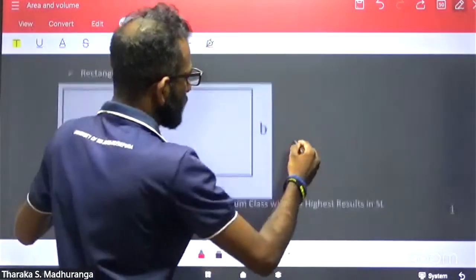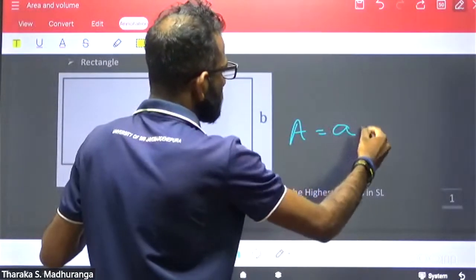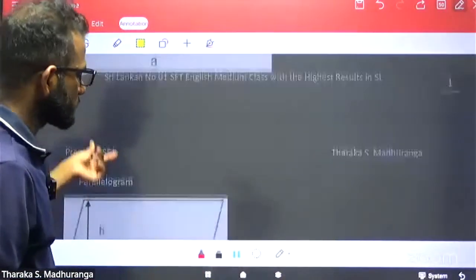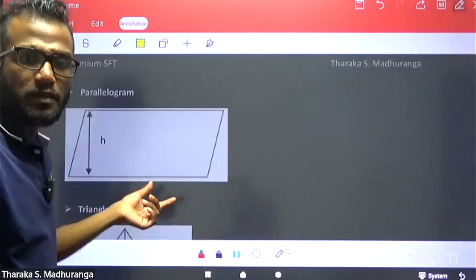Rectangle: area equals a into b, AB. Parallelogram.